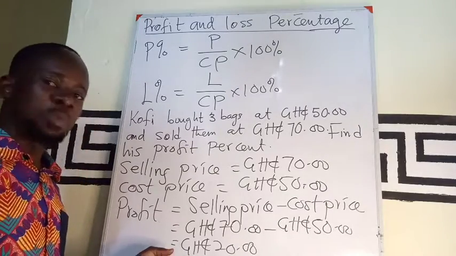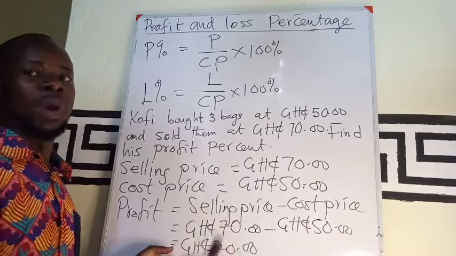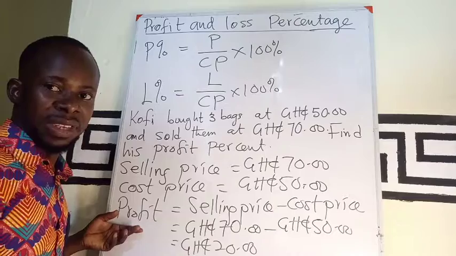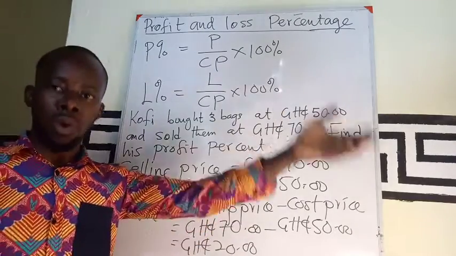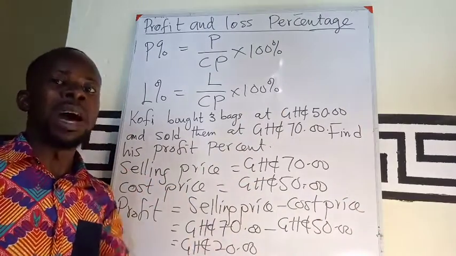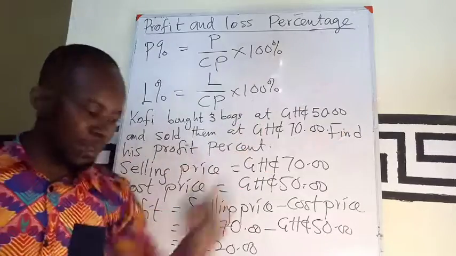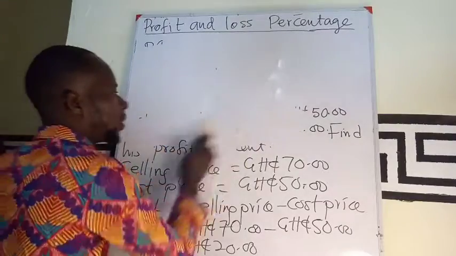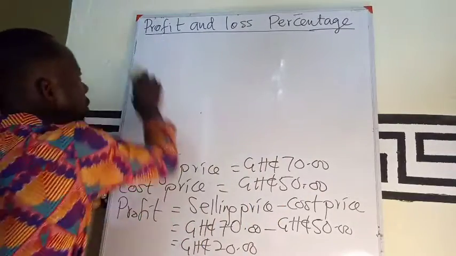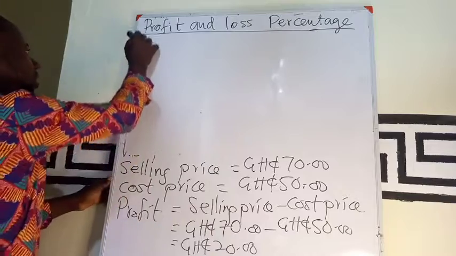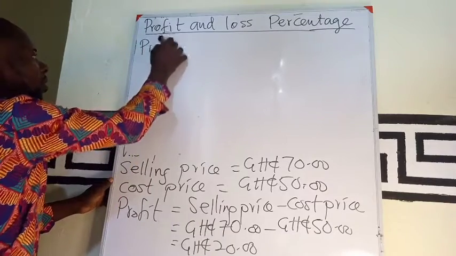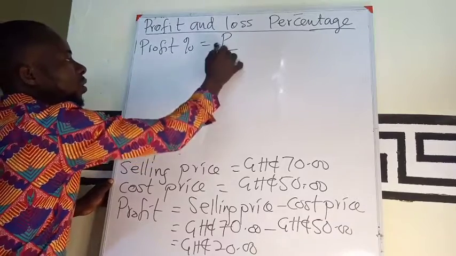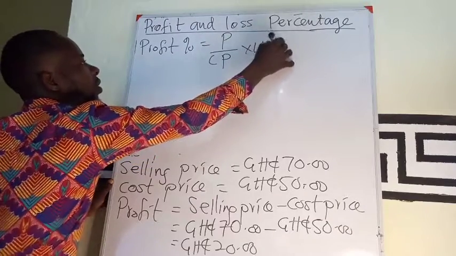Now we are going to express the profit as a percentage of the cost price. So it means profit over cost price, then times 100%. We know that profit percent is profit over cost price times 100%.